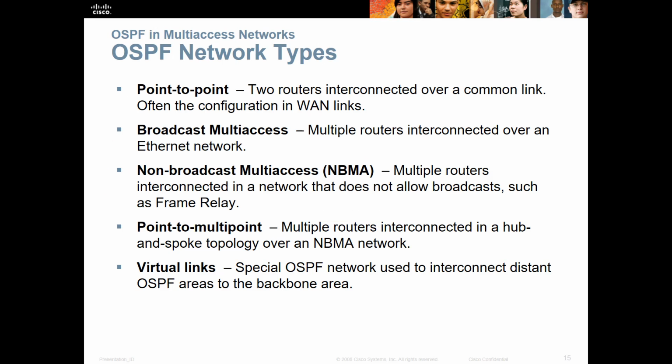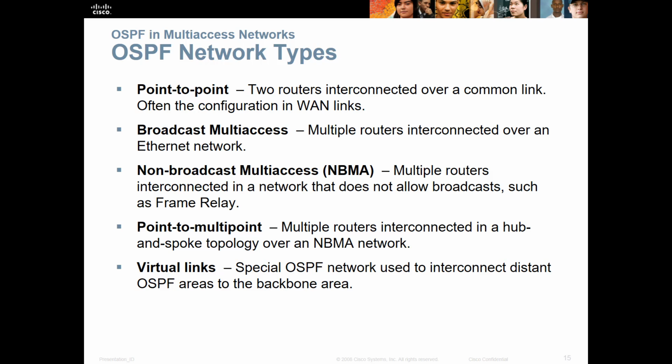So point-to-point, two routers. Broadcast multi-access, that's going to be multiple routers interconnected over some type of Ethernet network. We have a non-broadcast multi-access, that's going to be multiple routers interconnected in a network that does not allow for broadcasts. That's going to be more like a cloud solution, frame relay, MPLS, things like that.